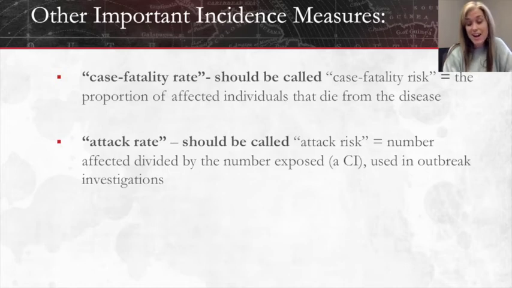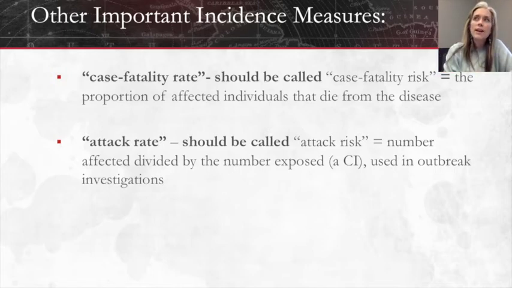But when you look at the 1918 Spanish flu pandemic, people estimate case fatality rate at about 2.5%. And so what that says is out of every 100 people who got it, 2 people died, and that's actually really, really high for influenza.